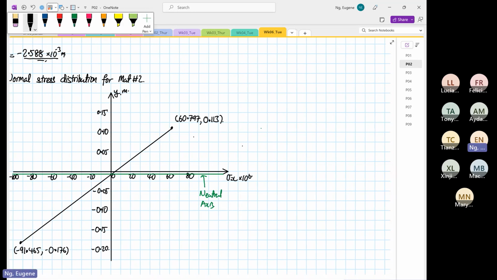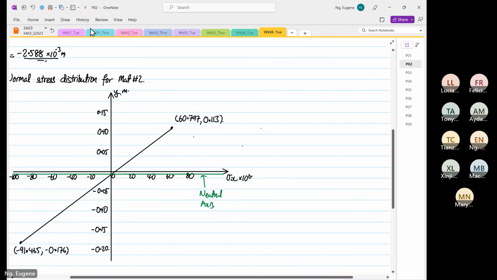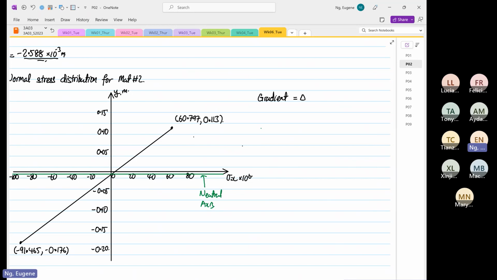Real straightforward. We are going to find the gradient, which is equal to the change in y over the change in x.